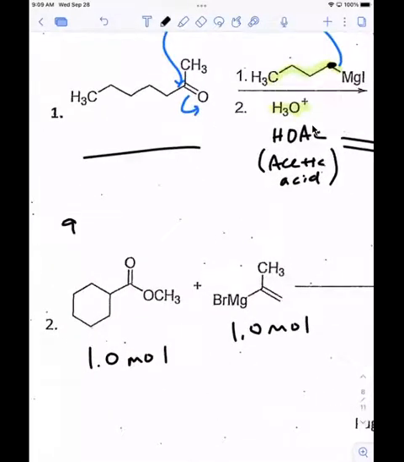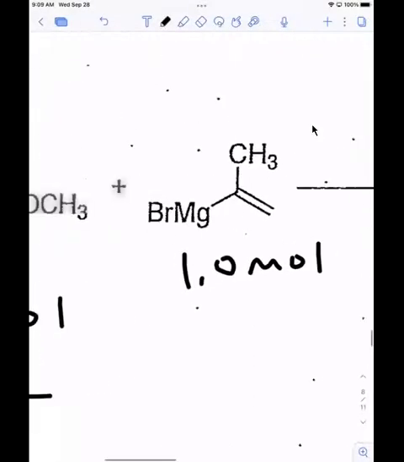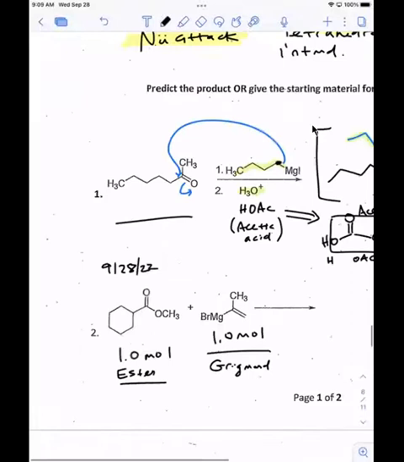All right, so let's go to this example. Somebody help me with this example. I have an ester, and then I have a Grignard, and they're 1-to-1.